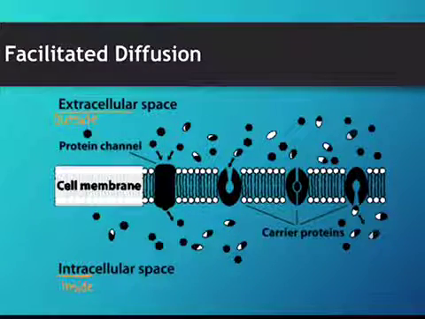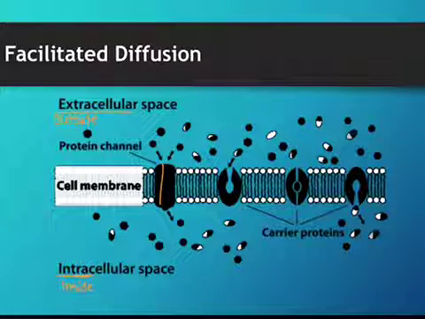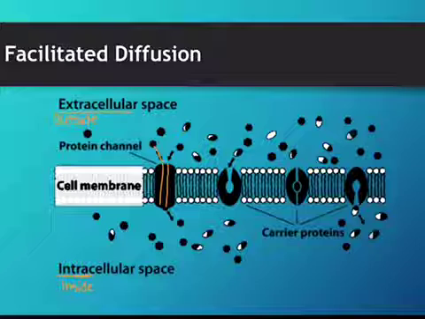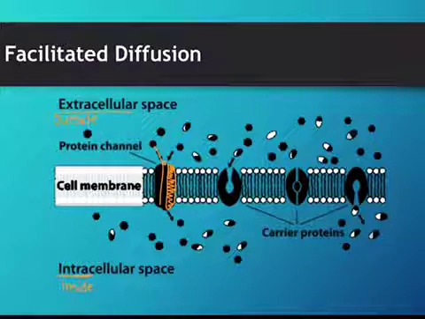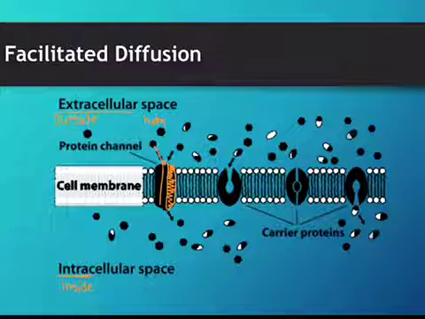What maybe didn't show up is that there's actually an open channel right here for these molecules to slide through. And this protein on this outside here, this protects those hydrophilic molecules, so these would be hydrophilic, from the hydrophobic region.